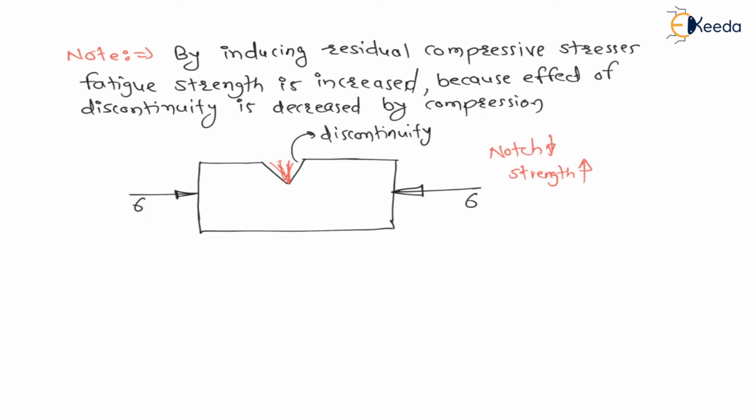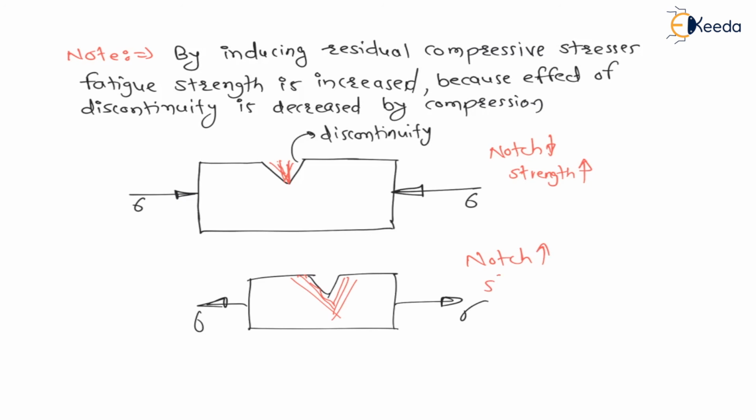But instead of applying compressive stresses, if I apply tensile stress on this component, right? For this tensile stress, instead of decreasing, the notch will increase, and as notch increases, strength definitely decreases.